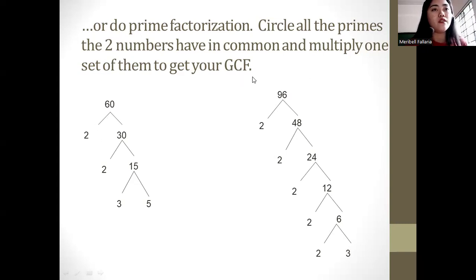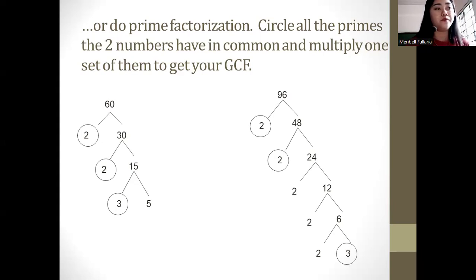And then according to this, we're going to get the common in 60 and 96. What is the common here? We have 2, 2, 3, 2 and 2, 3 and 3. And so we have common 2 and 3. So we're going to get that 2 times 2 times 3.